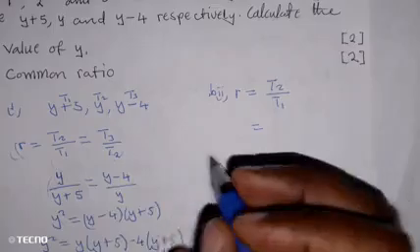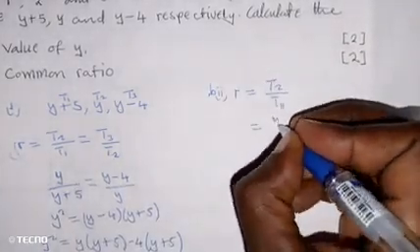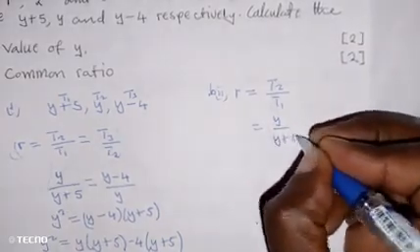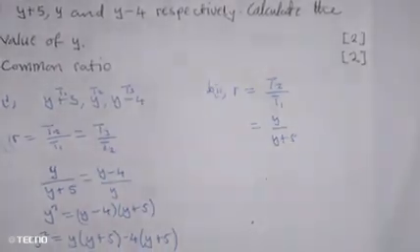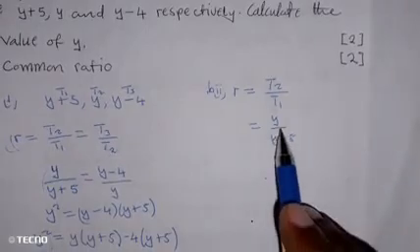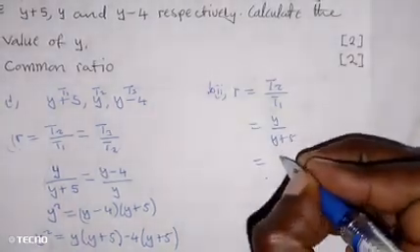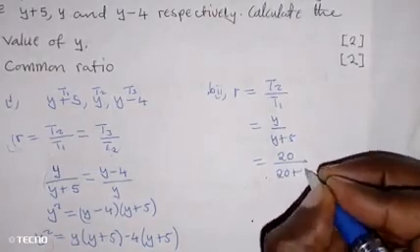Then we have this one here, which is y over y plus 5. So where there is y, we replace it by 20. So say 20 there over 20 plus 5.